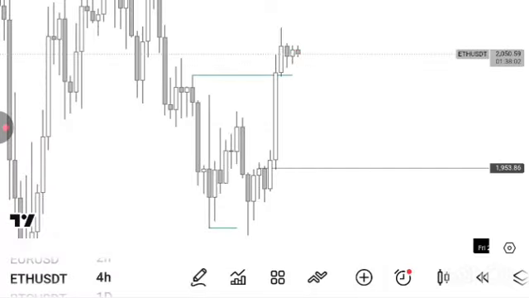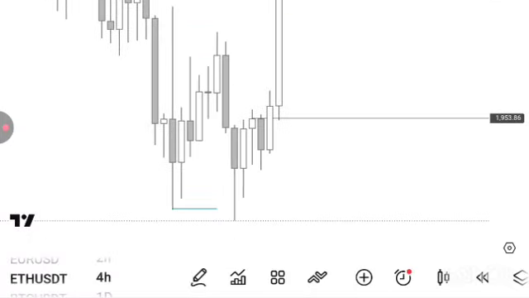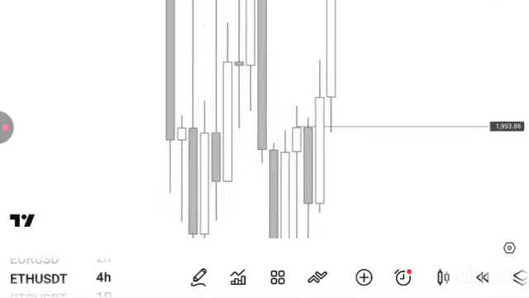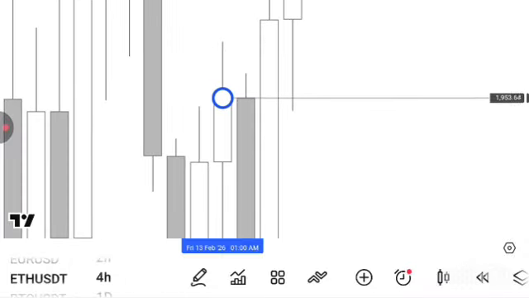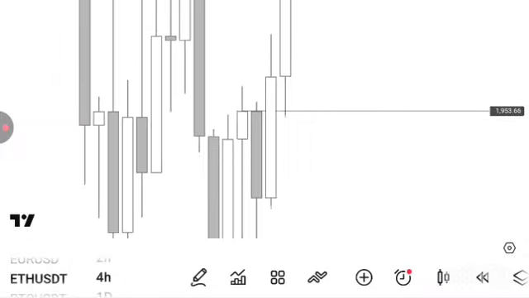So after my H4 breakout, you could see price came to tap on the H4 level. If you are using a direct entry, this would have been a very sweet ride to the upside.